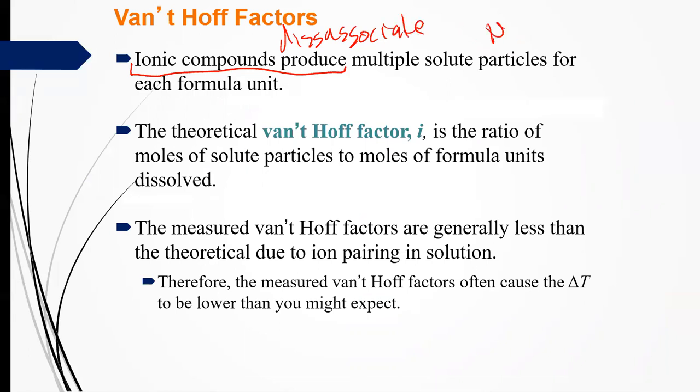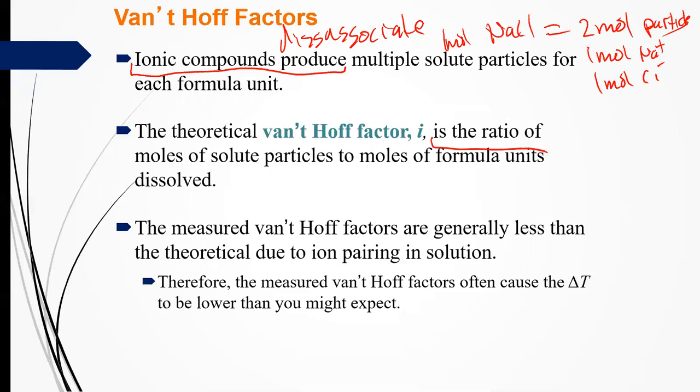So if we put in 1 mole of NaCl, inside that solution we really get 2 moles of particles. We get 1 mole of Na+ and 1 mole of Cl−. So the theoretical Van't Hoff factor is the ratio of the moles of your solute particles to how much you dissolved.